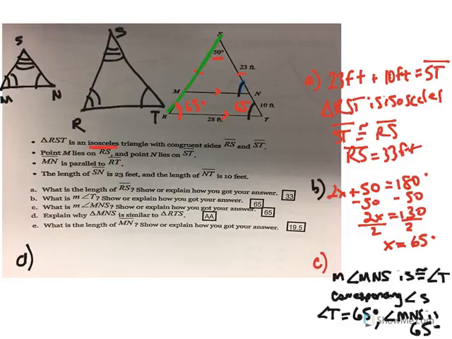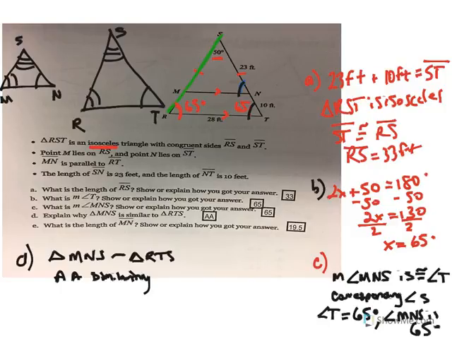They're both 50 degrees. So the question is asking us, explain why triangle MNS is similar to RTS. Now we have three congruent angles, but remember, all we need to prove that two triangles are similar, MNS is similar to RTS, is two angles. So we're going to use the angle similarity postulate.